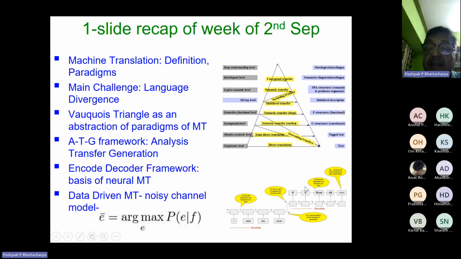Saurabh had discussed this in his lecture. What happens is that the source language sentence is encoded, and from that encoding, by auto-regression, word by word, the target language sentence is produced. I read the book, मैंने किताब पढ़ी. This is a translation. So this encoder-decoder framework is very simple to understand.